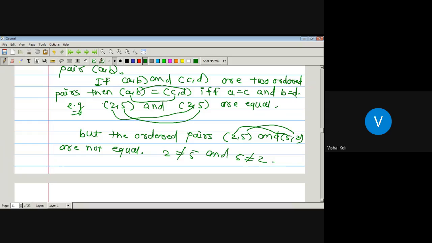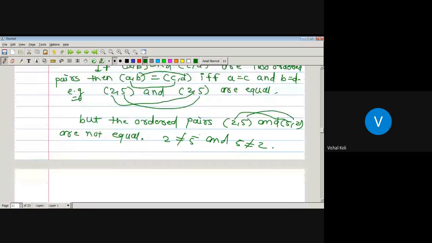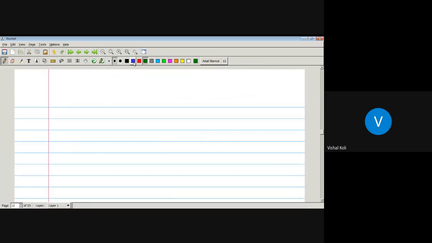Then by the definition of equality of two ordered pairs, these two ordered pairs are not equal. Now let us see what is the actual definition of the Cartesian product.